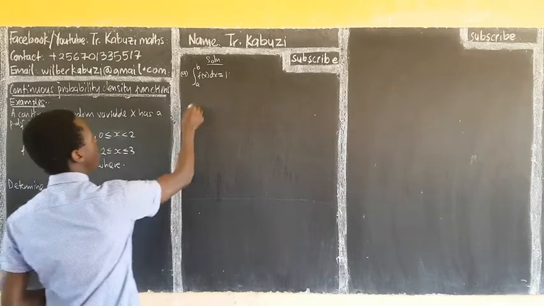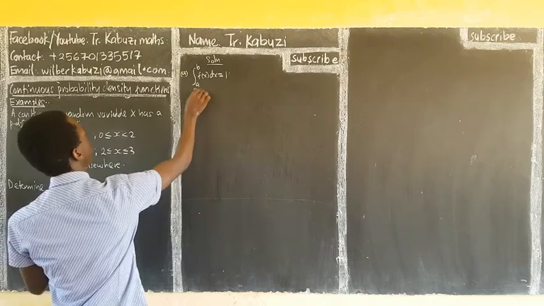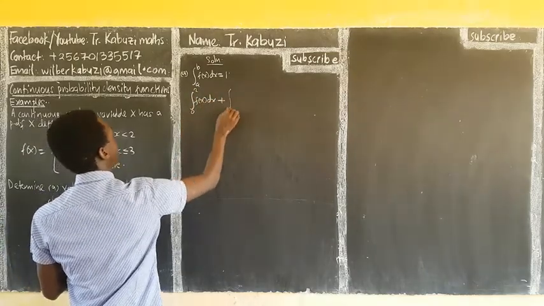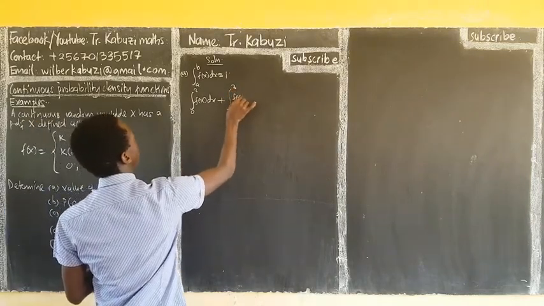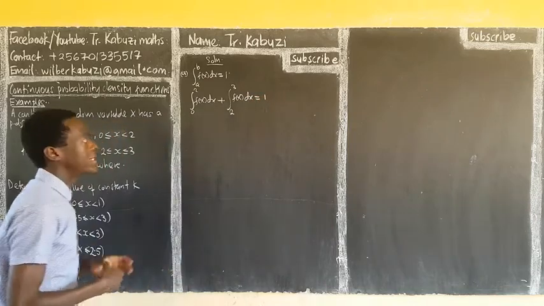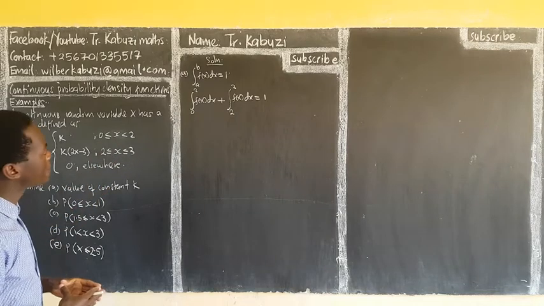So this means that now I'm going to sum the f of x from 0 to 2. I put the f of x corresponding to that range, then plus this one from 2 to 3. I put the f of x corresponding to this. When I add all of this, it should be a 1. Signs are not important, so don't get confused with the signs, please.